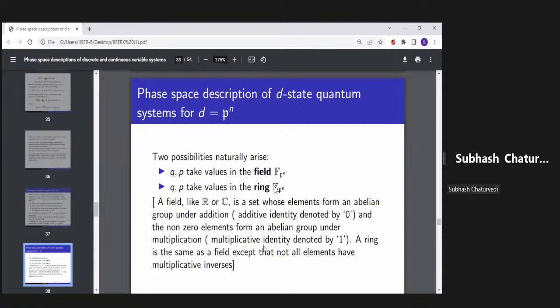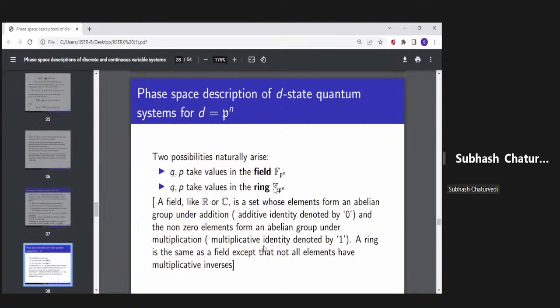And correspondingly, I will postulate a coordinate basis and then define a momentum basis through a finite Fourier transform. Now you are confronted with a situation where you have to decide what kind of algebraic structure one should choose for the Q's and P's.